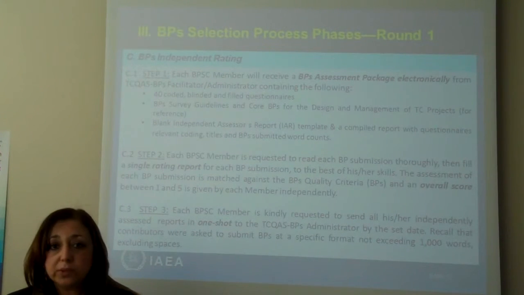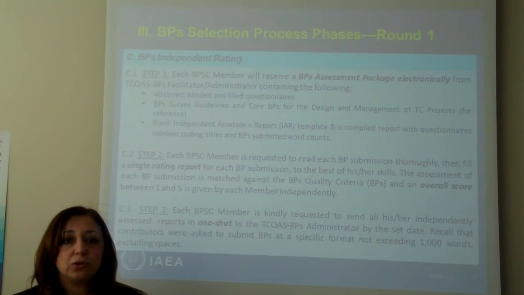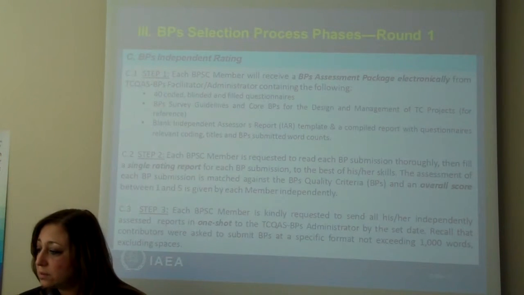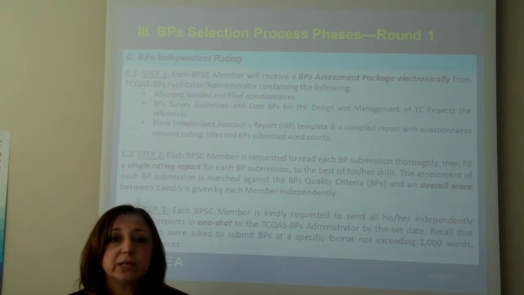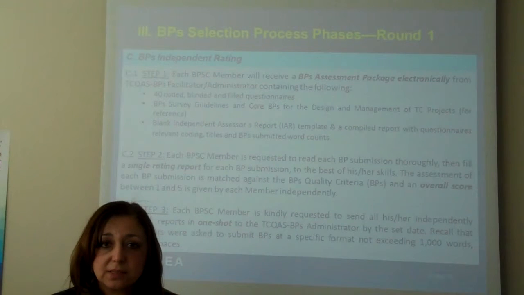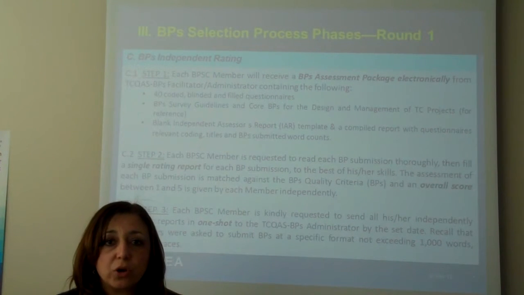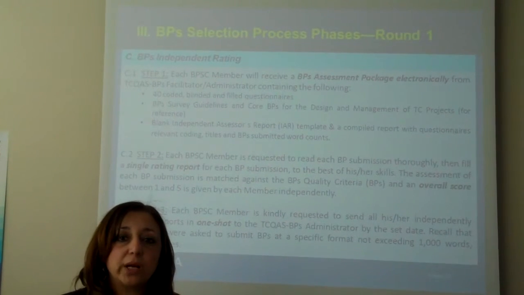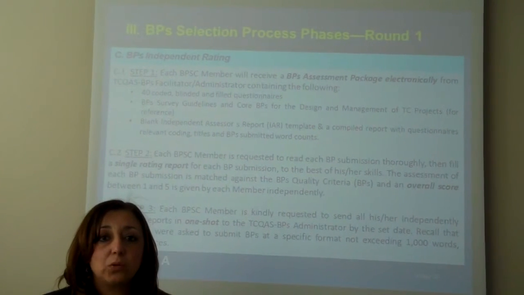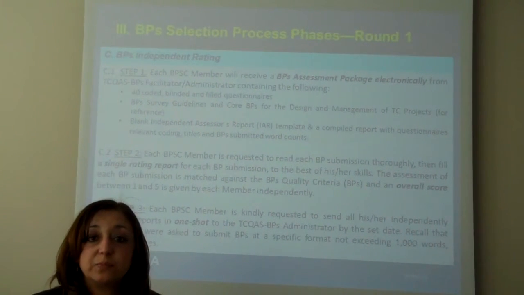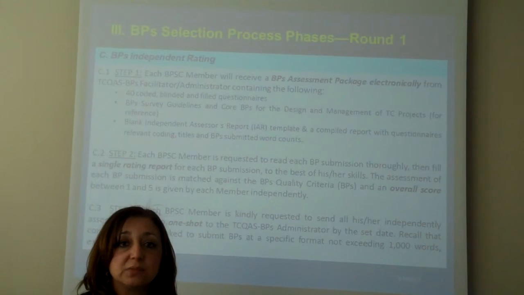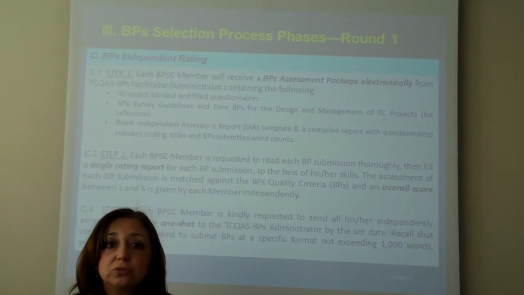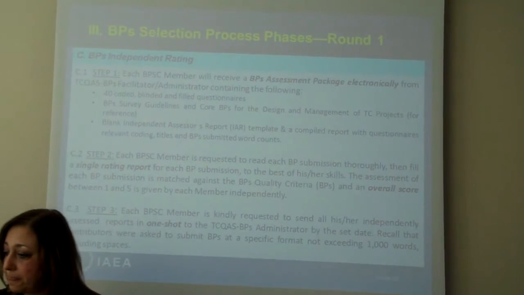So you will do the independent rating on your own, and then you will be scoring each case submitted on an overall score between 1 and 5 and against the quality criteria that is spelled out in the independent assessment report attached to this presentation.